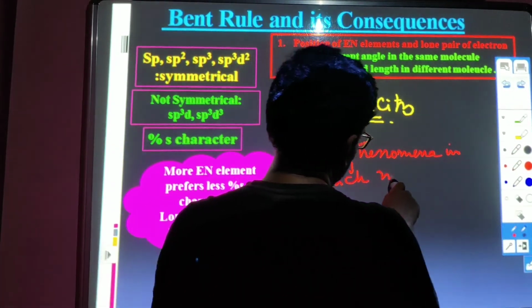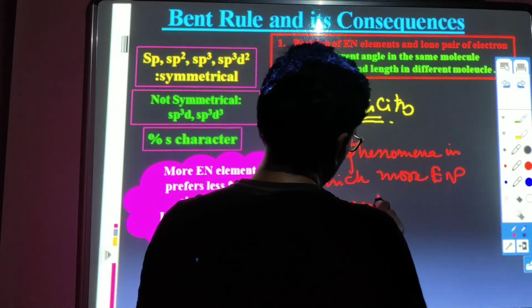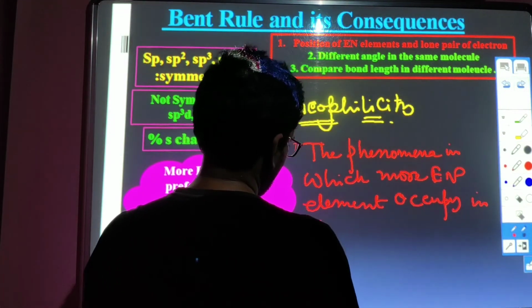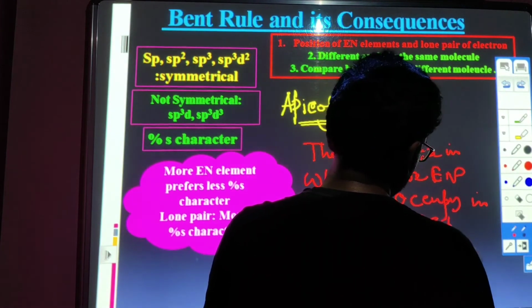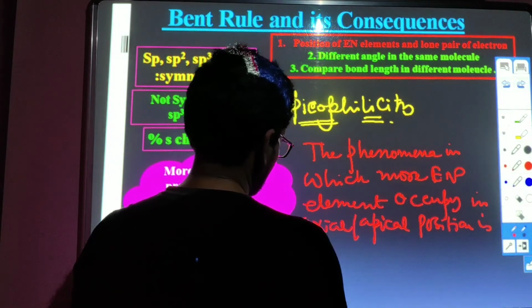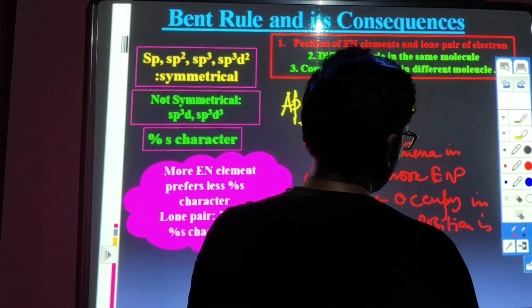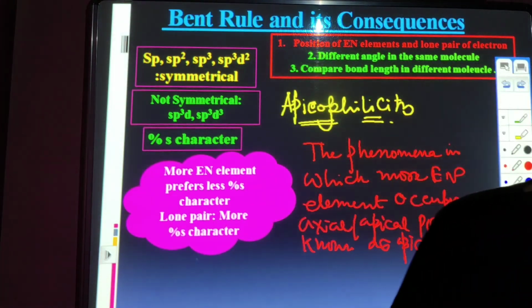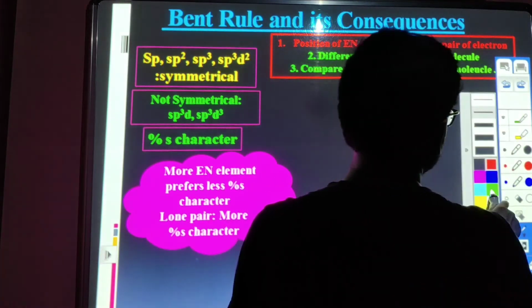Apical positions is known as apicophilicity.